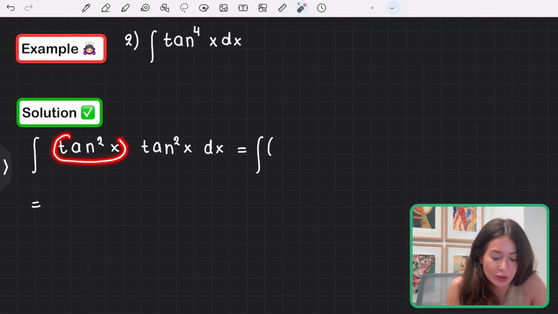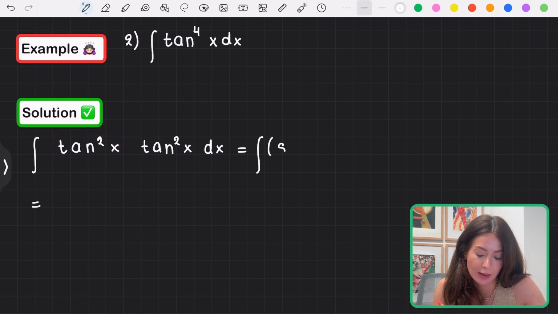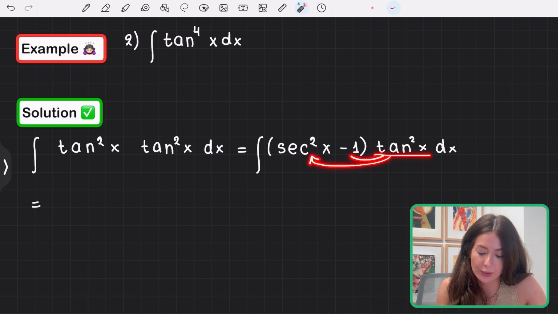So this first tangent squared x, I'm going to express as what it equals, which is secant squared x minus 1. And I'm actually going to keep this tangent squared x here, and I'm going to do that in the next step. Multiply this through.